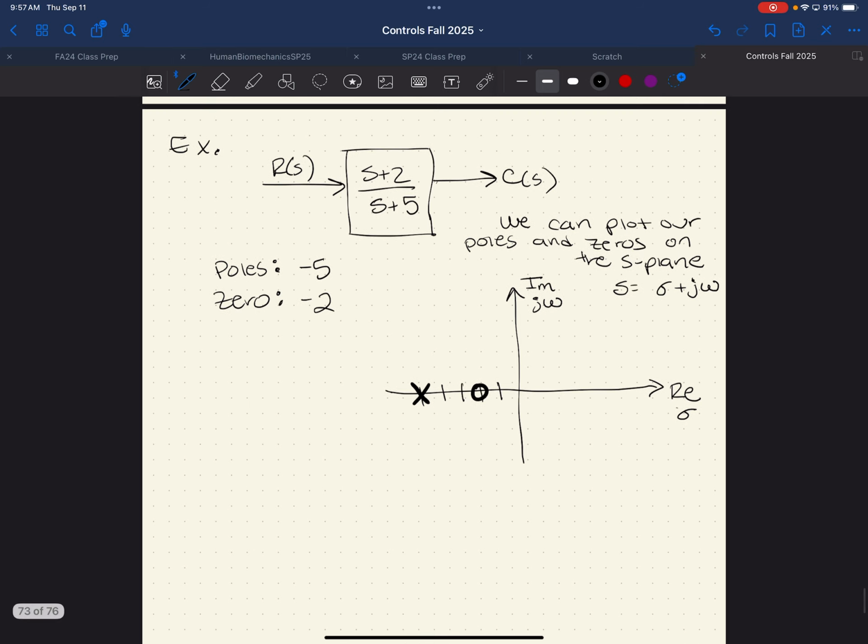If I wanted to generate this plot using MATLAB, what would I use? PZMap, very good. Was that Martin? In MATLAB, I could have said PZMap of my transfer function G if I had named this G. Very good.